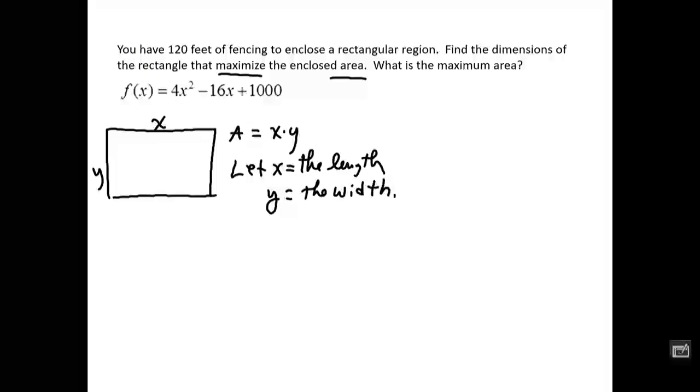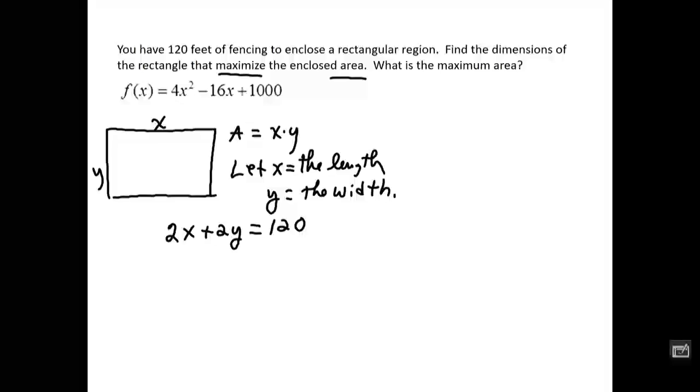And since we have 120 feet of fencing, I can represent the perimeter of this rectangle as 2x plus 2y is equal to 120.